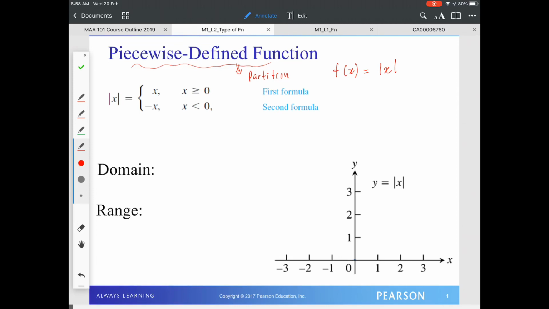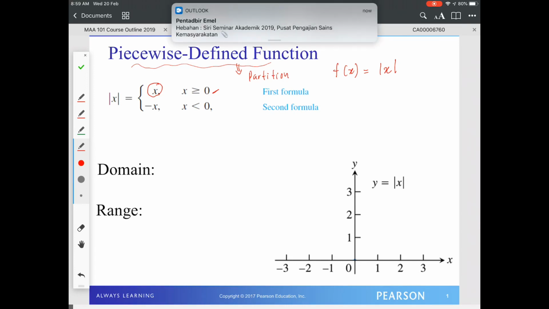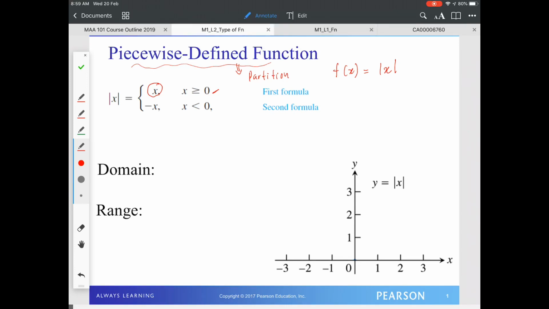For positive values of the domain x, including 0, the image will be positive. It will take the x value, and for x less than 0, it will take the minus x value. This is an absolute value function.